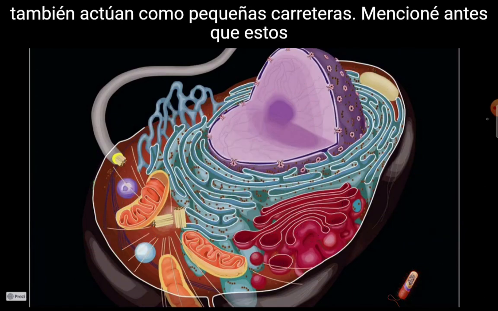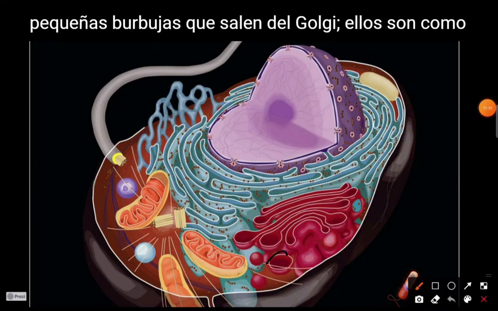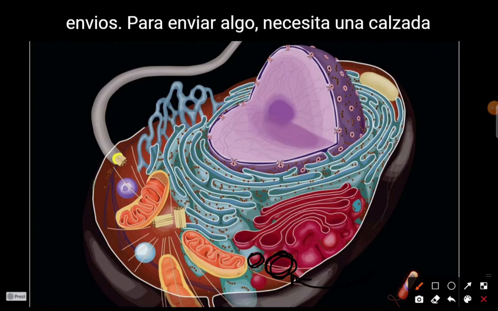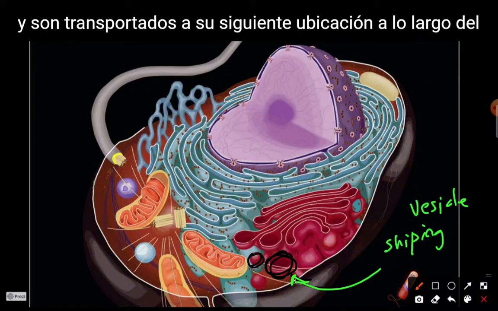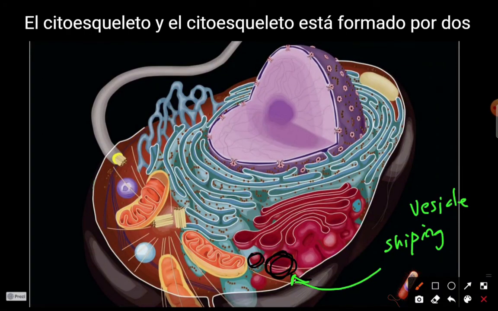I mentioned before that these little bubble things coming off of the Golgi, they are like shipments. In order to ship something, you need a roadway, and so typically vesicles are held by proteins called kinesins, and they are transported to their next location along the cytoskeleton.